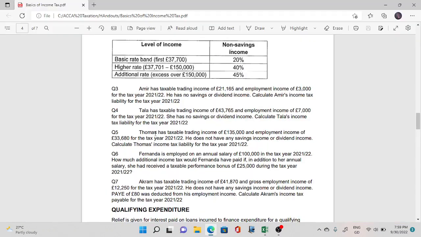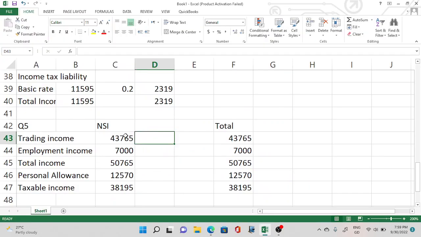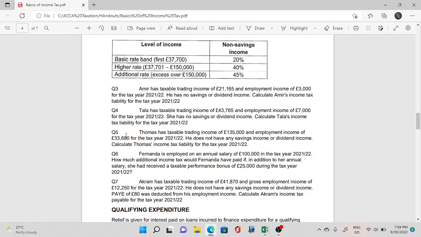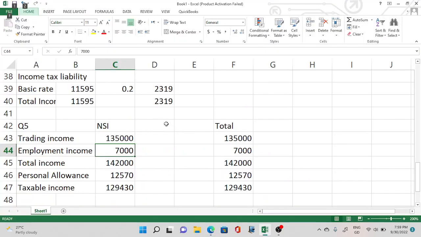So the trading income is 135,000. I put it in here. Then the next, employment income is 33,680.